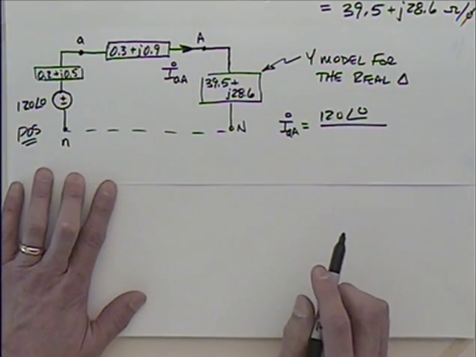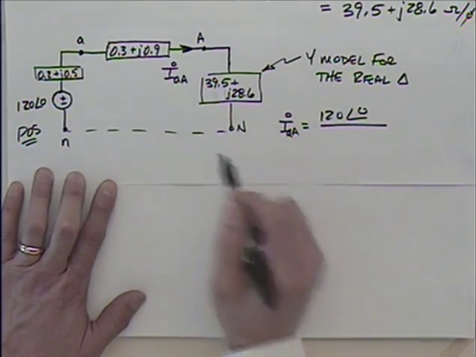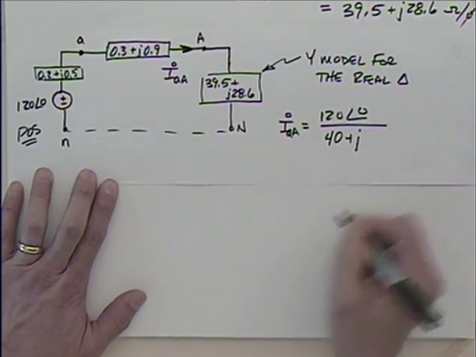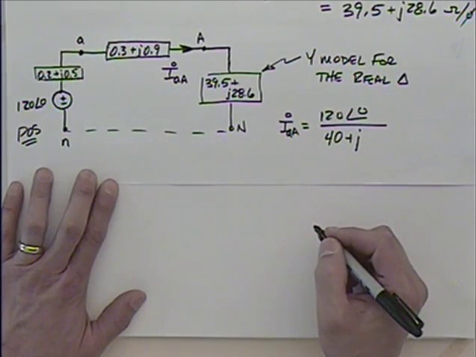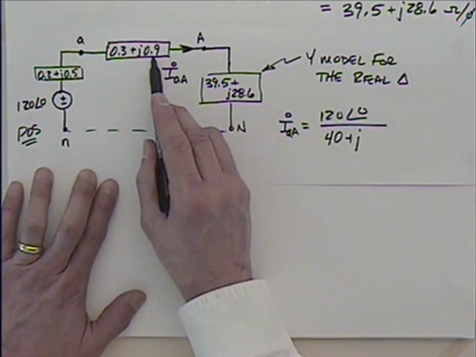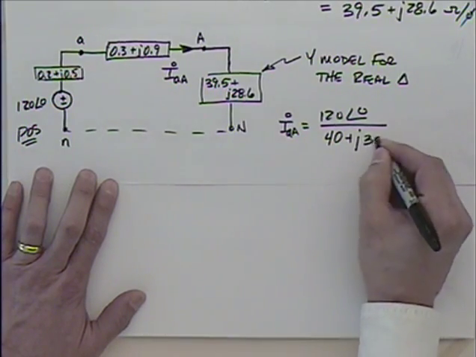What do we have? 0.2 plus 0.3, 39.5, that gives me 40 plus j0.5 and 0.9 and 28.6. That gives me 30, doesn't it?